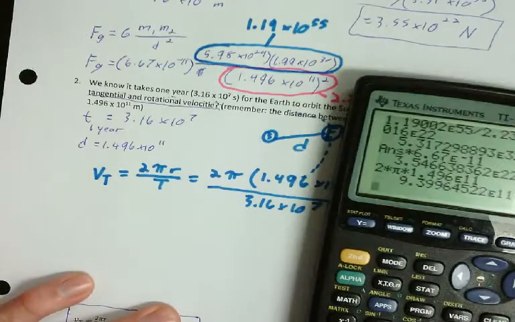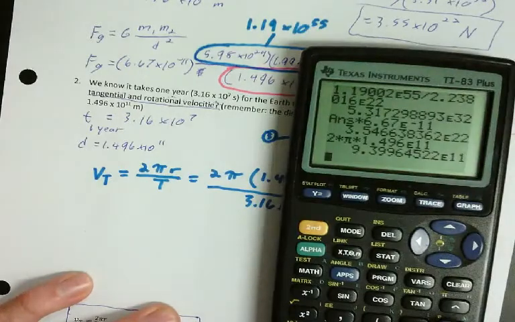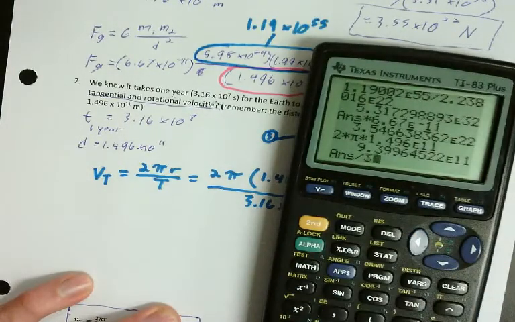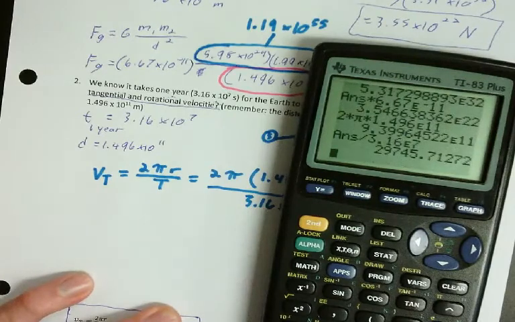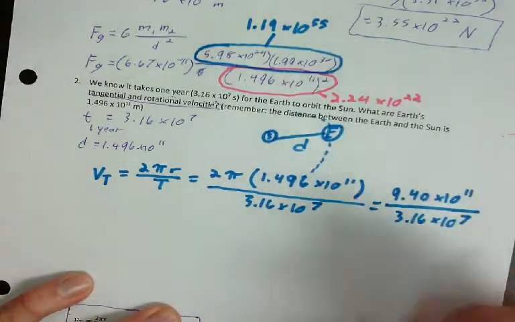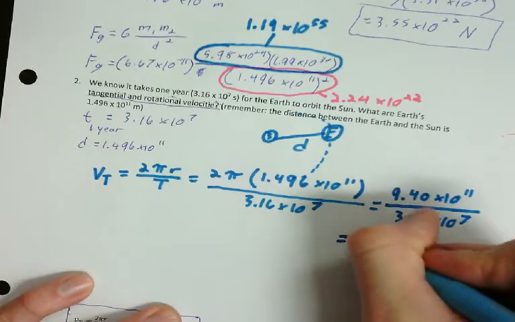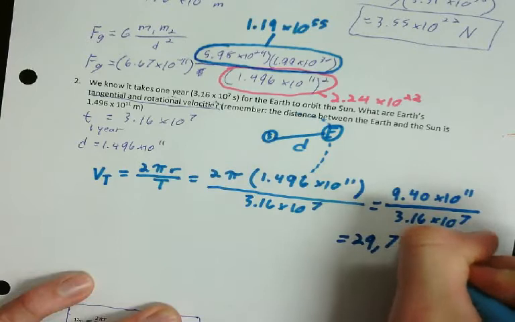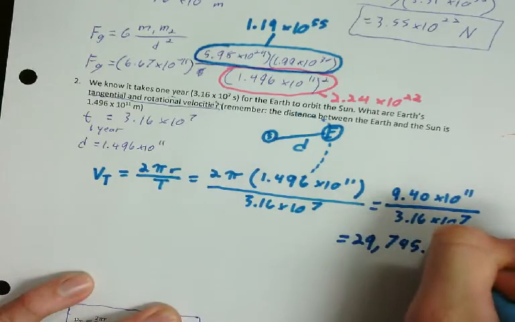Let's go ahead and divide that out now. So the answer is 29,745.7.